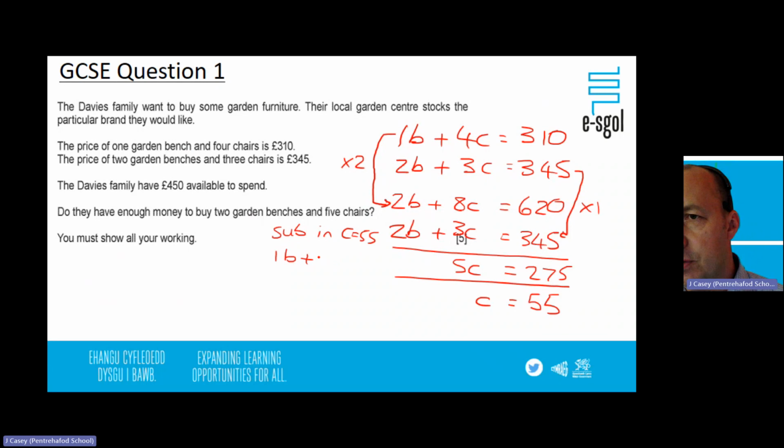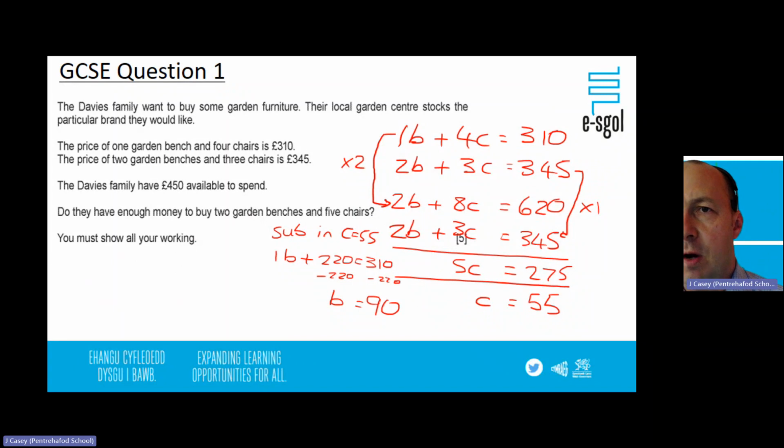Now 4 times 55 is 220, and that's equal to 310. And because there's just 1B there, I can take 220 from both sides. I can do minus 220, minus 220, and that will give me an answer of B is equal to 90. So my bench is worth £90, my chair is worth 55.